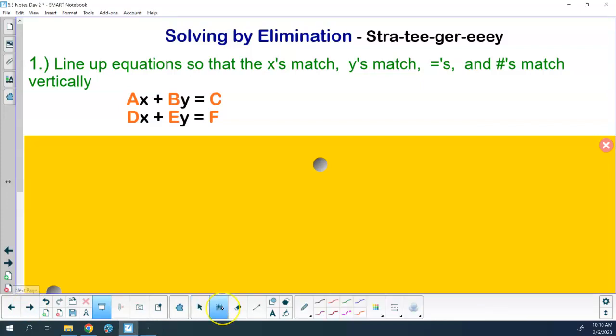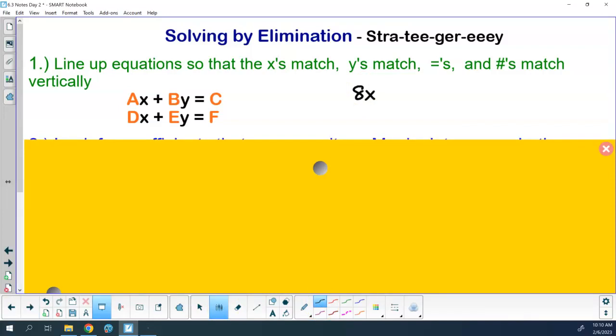On the example that we just did, that would look like 8x plus 2y equals 4, and then negative 2x plus 3y equals 13.